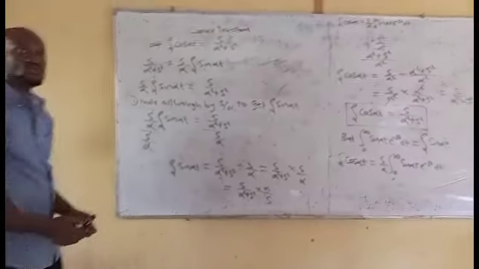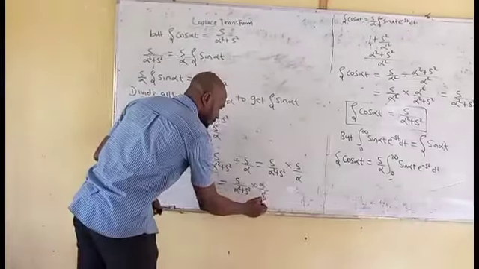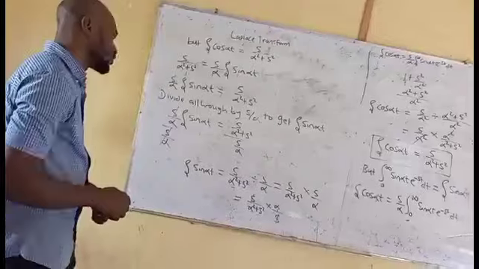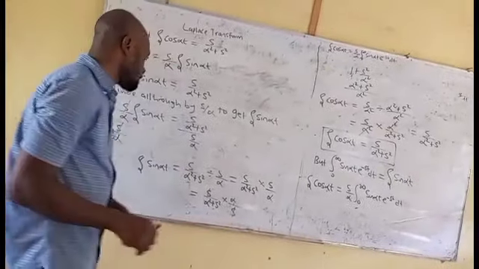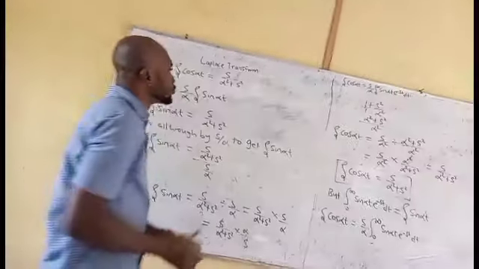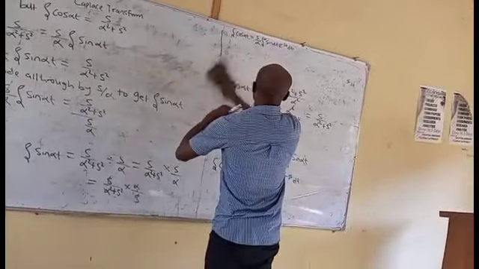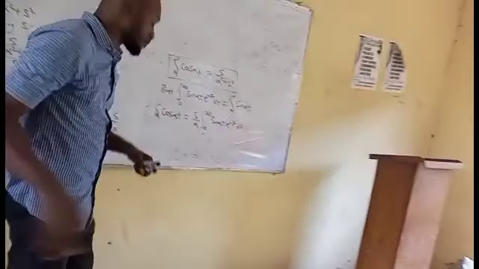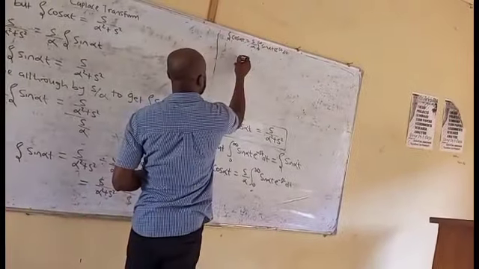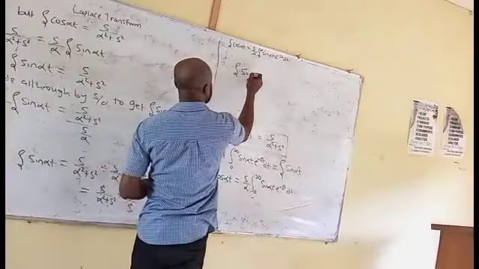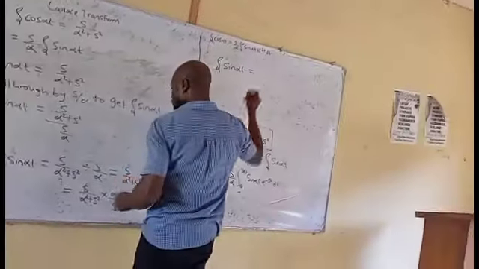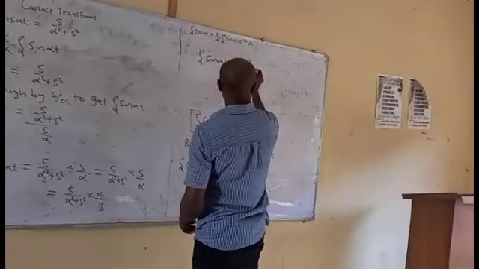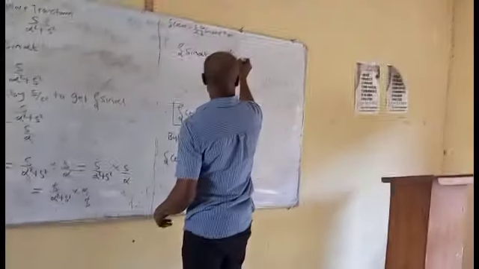Yes, we're going to have it this way. So that this s will cancel this s. Now have alpha. So finally, we're going to have the Laplace transformation of sine alpha t will give you alpha all over what? Alpha squared plus what? S squared.